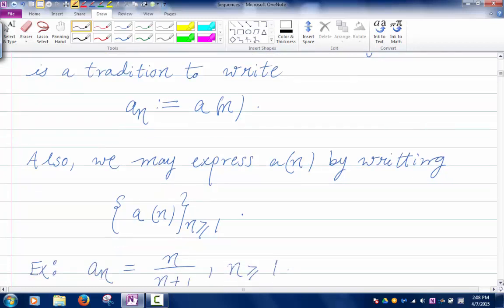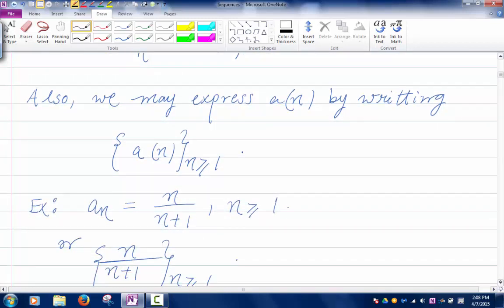We may also express a sequence a of n by writing the formula for a of n, or the terms of the sequence, within curly braces, and writing the valid values of n outside of the braces. Is everybody clear?